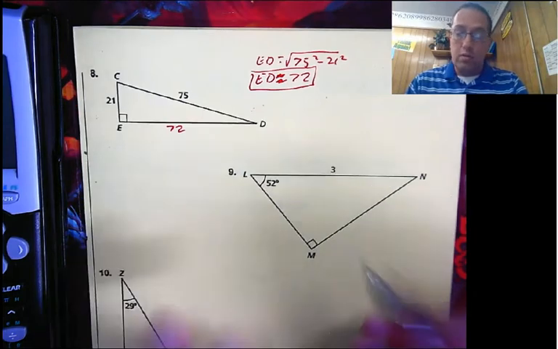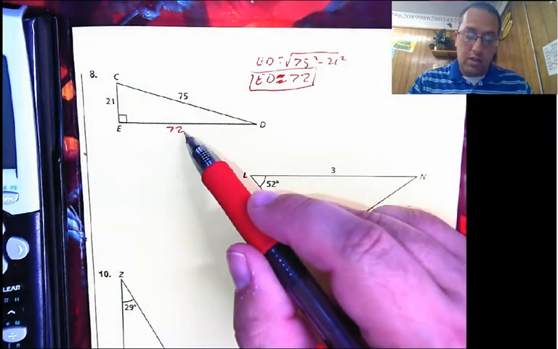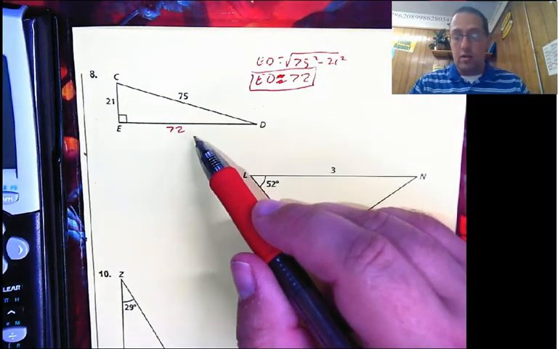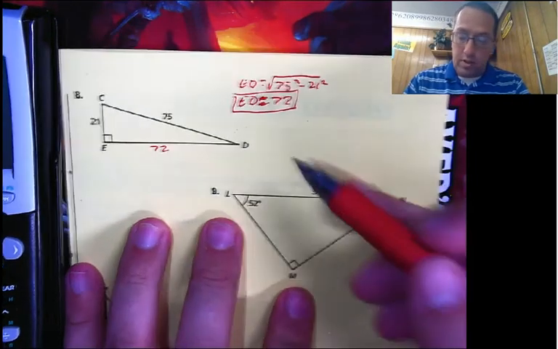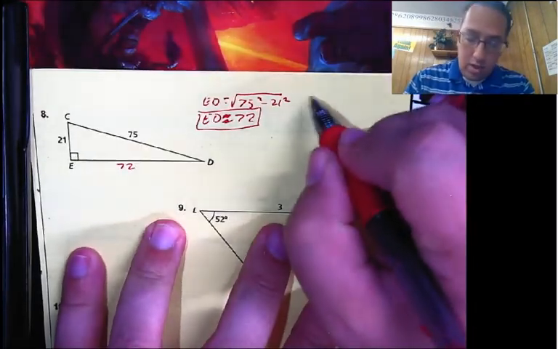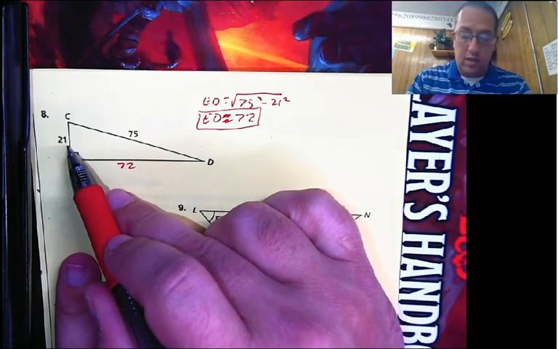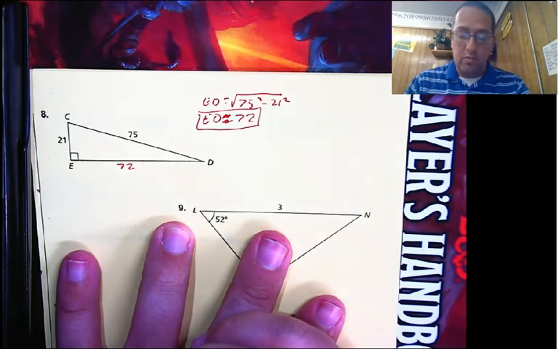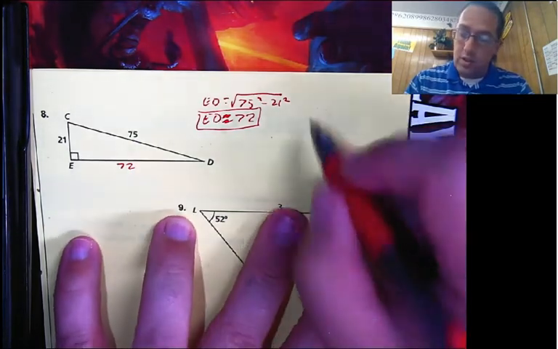Now we got to find our angles, so we're going to do the same thing. Now we could use tangent again using the 72 since it is an exact answer, it's not rounded, or we can use the numbers they gave us. Let's see, we'll use C because it's first alphabetically. Why not? So C, we would have 21, which is adjacent, and 75, which is hypotenuse, so adjacent and hypotenuse is cosine.